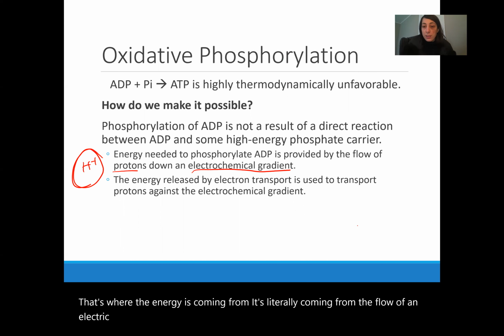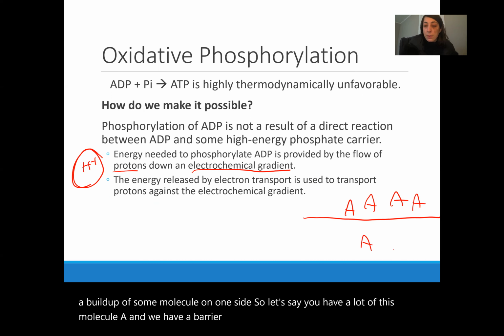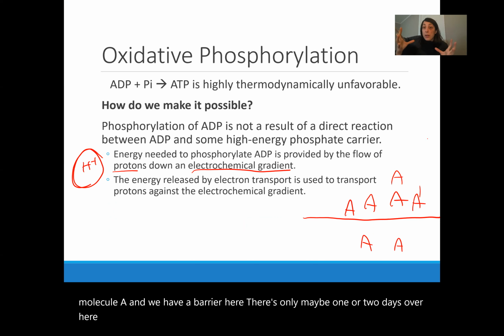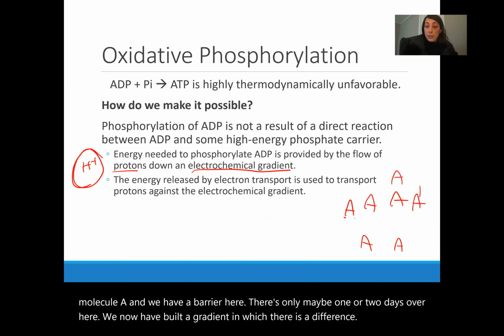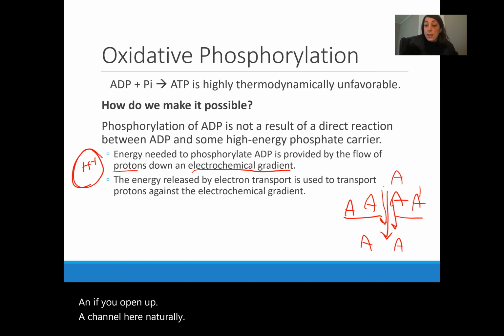Remember, just a reminder, a gradient occurs when you have a buildup of some molecule on one side. So let's say you have a lot of this molecule A, and we have a barrier here. There's only maybe one or two A's over here. We now have built a gradient in which there's a difference. And if you open up a channel here, naturally, through a chemical means, this will reach equilibrium, right?